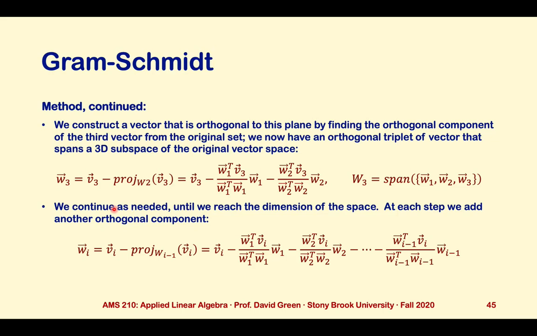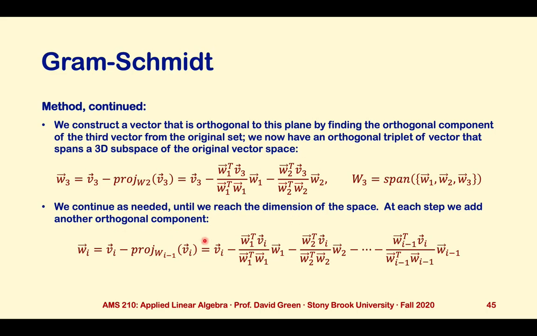If we have an n-dimensional vector space, we will continue for n steps. Every step, what we do is we add one more component by drawing a vector from the original set and subtracting from that the projection of that vector onto the orthogonal set we have already defined, and that creates a new subspace of one dimension higher.